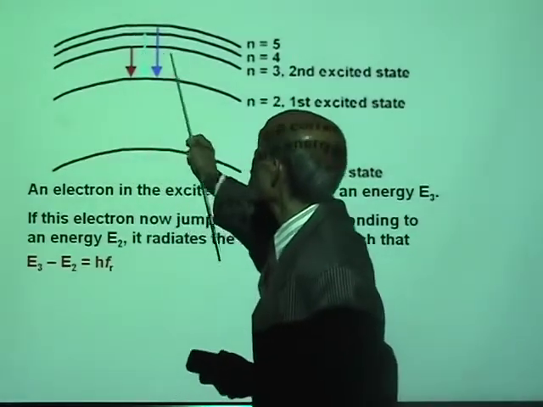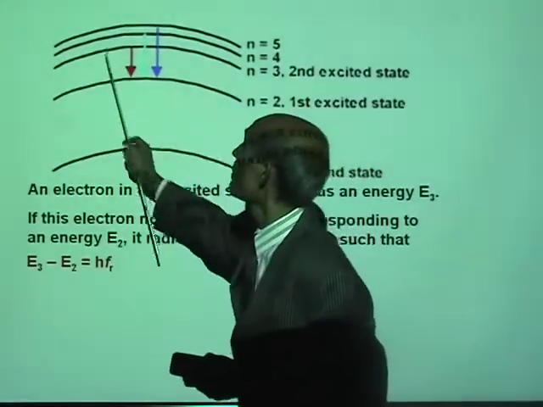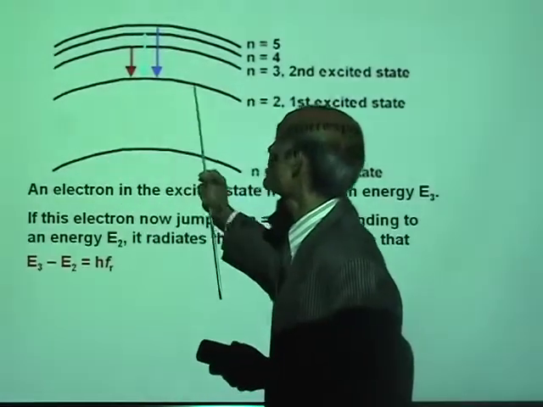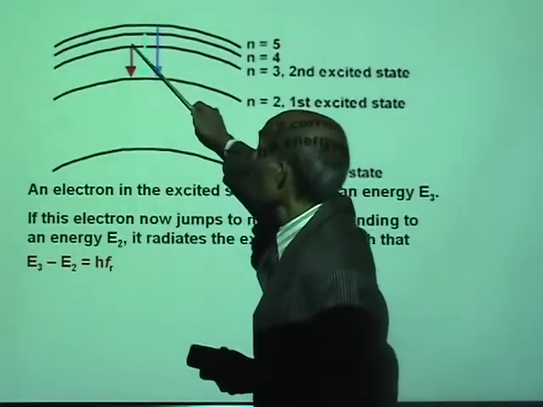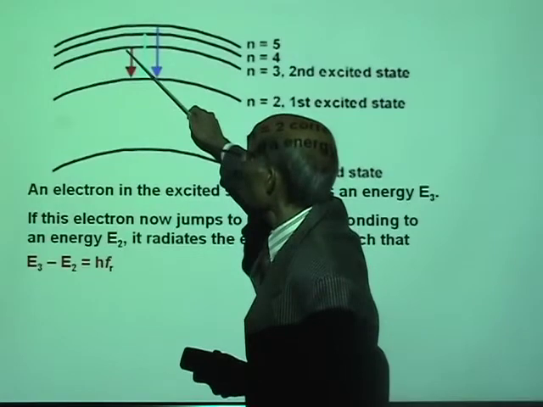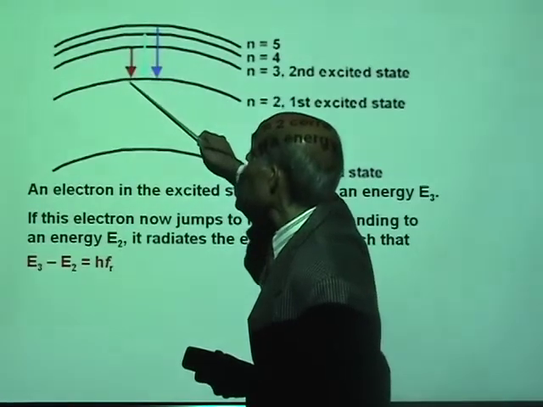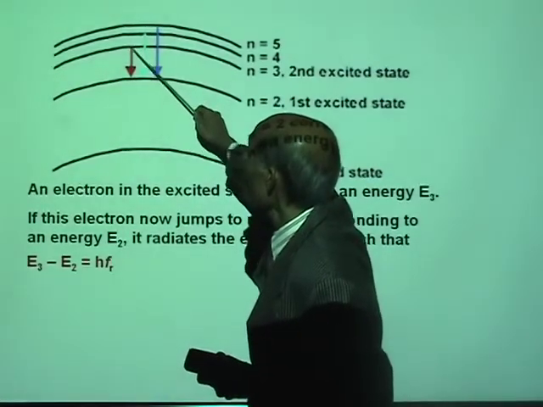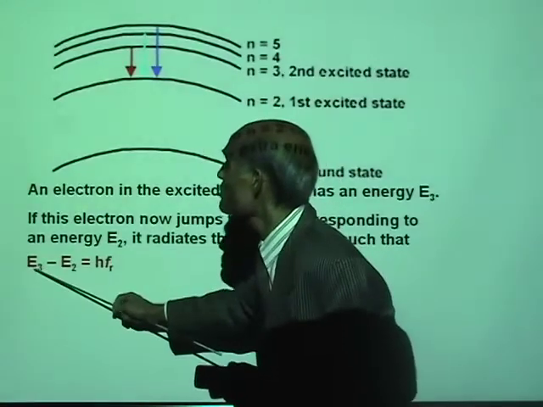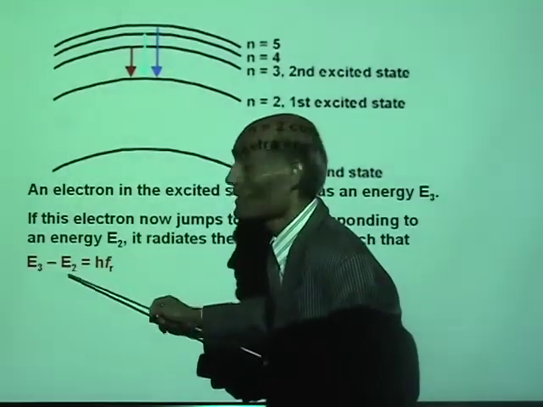E3 is the energy of the third level. E2 is the energy of the second level. So an electron jumping from n equal to 3 to n equal to 2 will emit that extra energy E3 minus E2.